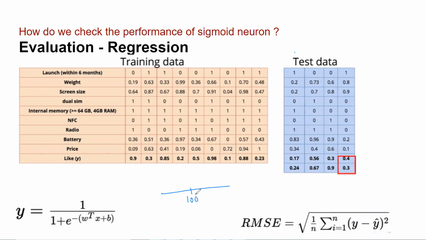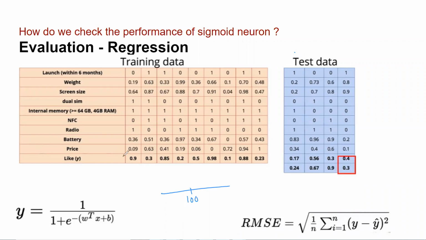No, sigmoid will always give you a value between 0 to 1. Yeah, but it gives a binary output, 0 or 1, if you set a certain threshold.